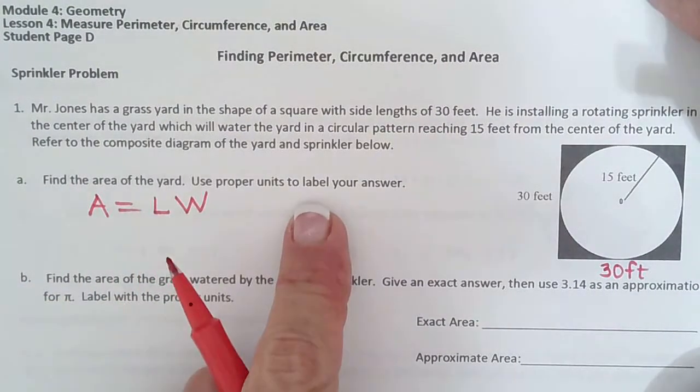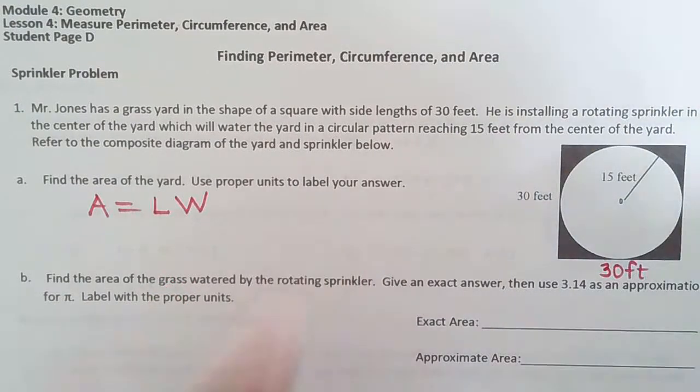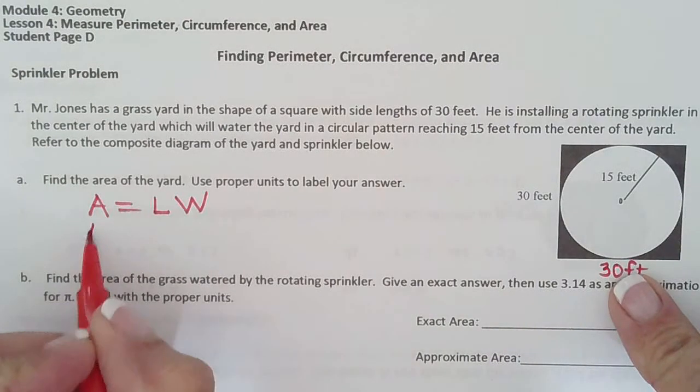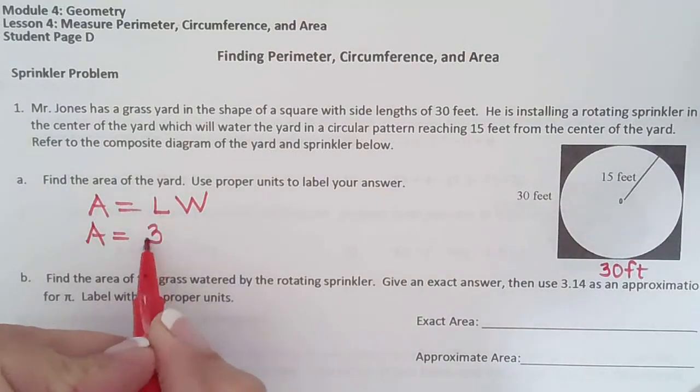Notice it always wants everything with the proper units. And remember when we were going over the last exercise, we said area is always in square units. Just like when you buy a house, you buy it by square footage. That's the area of the house. So length is 30 and width is 30 since it's a square.